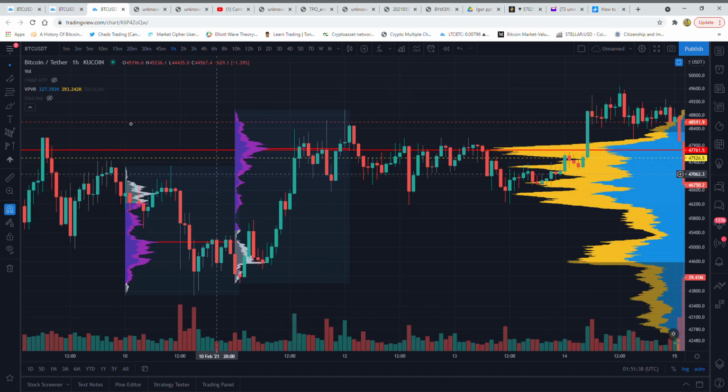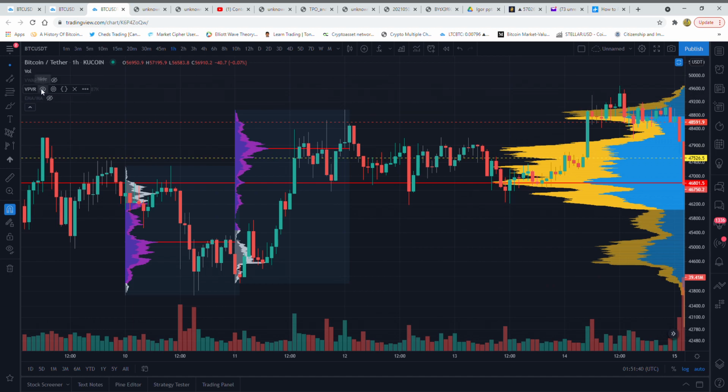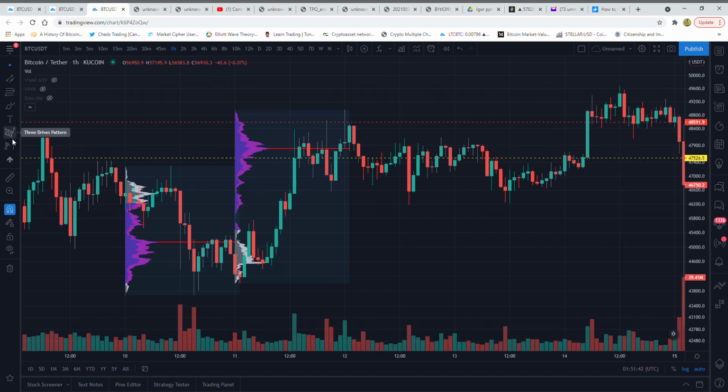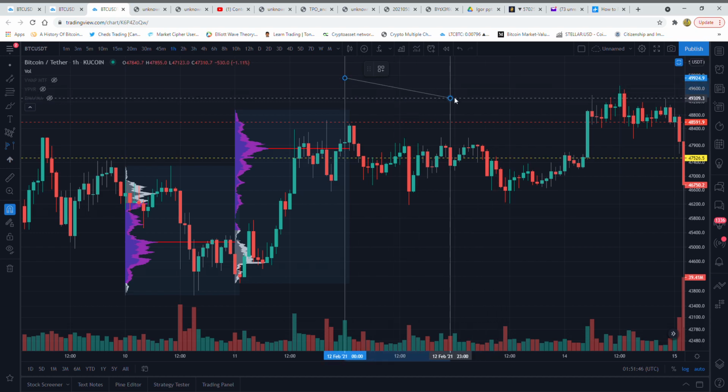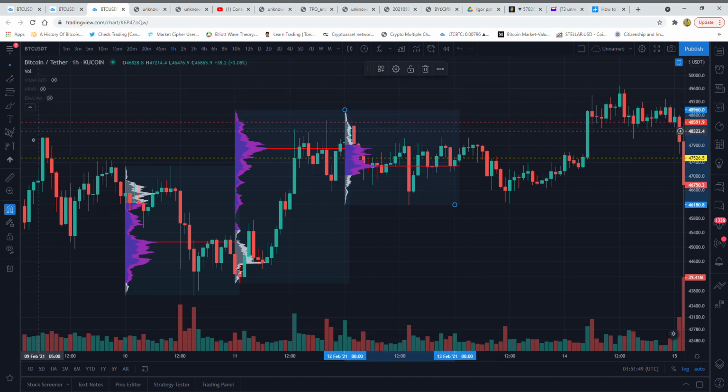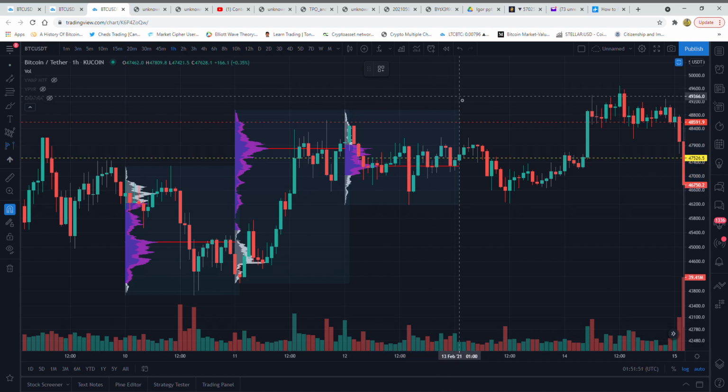Then let's have more fun, and we will draw more of these ranges. Why? Because they are very important. Yeah, I'm not going to explain all the lines that I do.